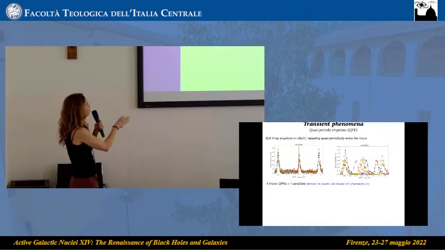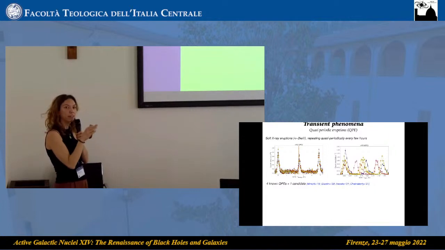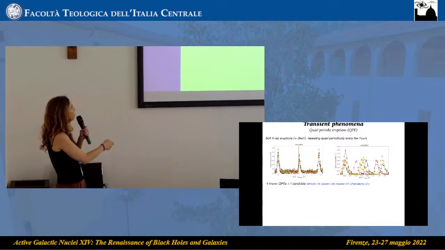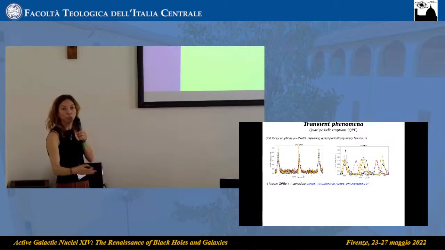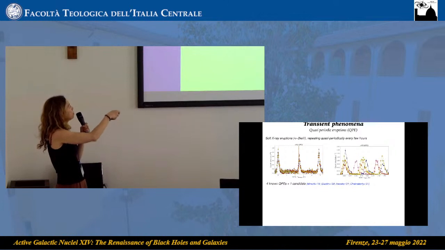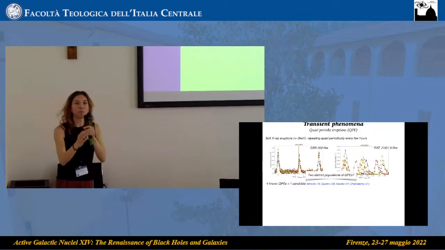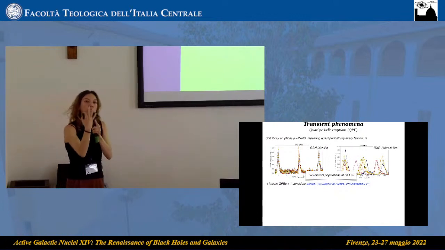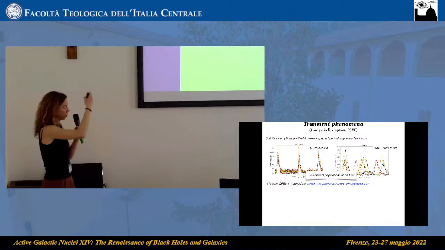QPEs have been detected in 4 sources so far, 2 with eROSITA, and there is 1 candidate. And it seems there are 2 distinct populations of QPEs so far. One showing this regular pattern, the other one showing peaks that are a bit messed up. But this has been recently modeled with a superposition of different QPEs.